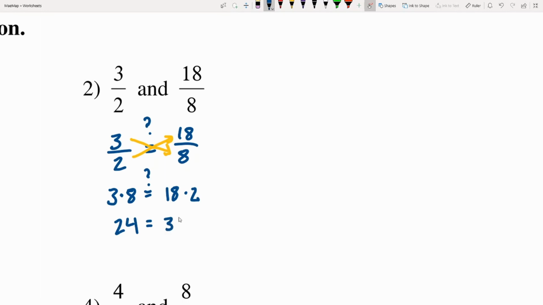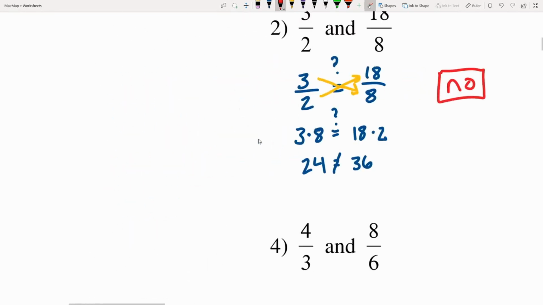So because 24 does not equal 36, then for number 2, our answer is also no. So approaching these problems using the method we used in number 1 or the method we used in number 2 will give us that same result. So throughout this worksheet, I'll mix it up and do a little of both.